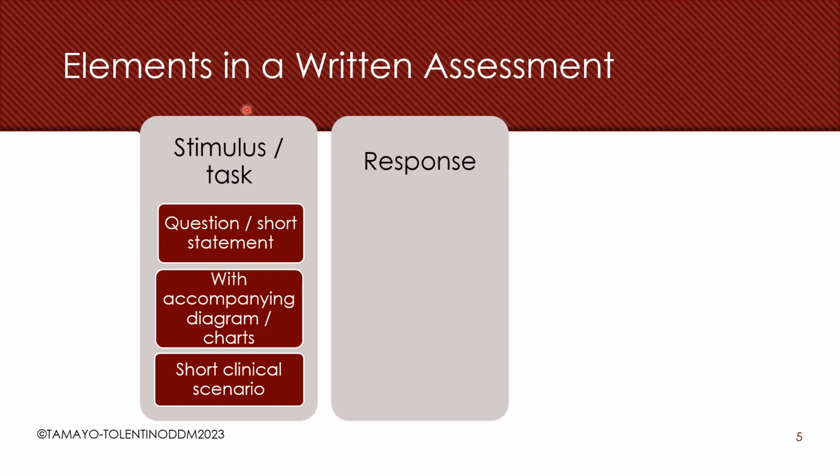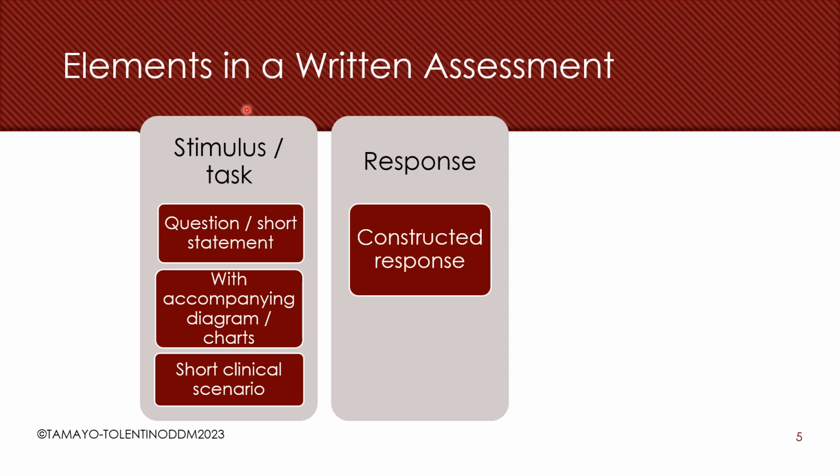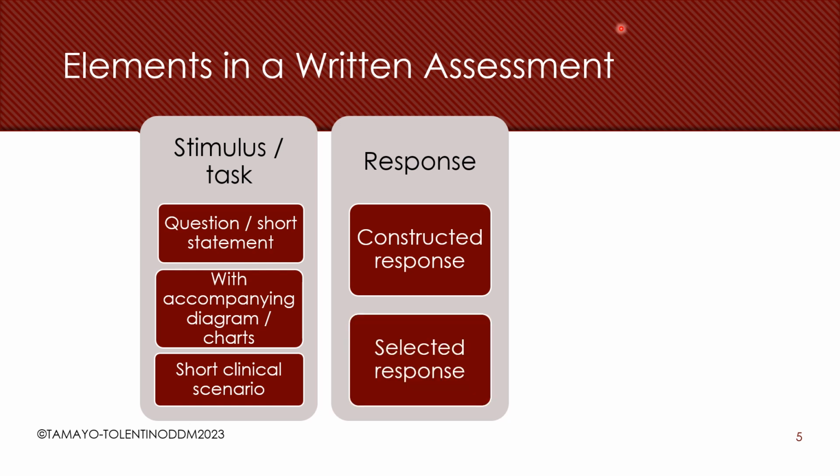The second element is the response of the learner, which can be categorized into constructed response or production questions and selected response or recognition questions. Constructed response items require the students to provide a long or short narrative or very short answer in response to the stimulus.